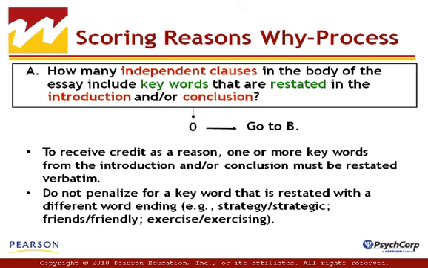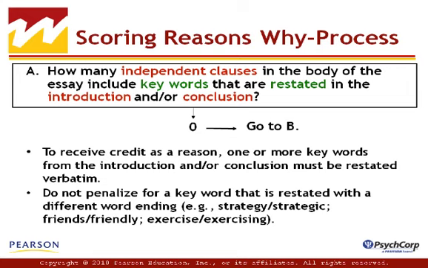Okay. Scoring reasons why. Certainly, restatement is one way to look at reasons why, and that is, as I mentioned, criterion A. To receive credit as a reason based on restatement, one or more keywords from the introduction and or the conclusion must be restated verbatim.